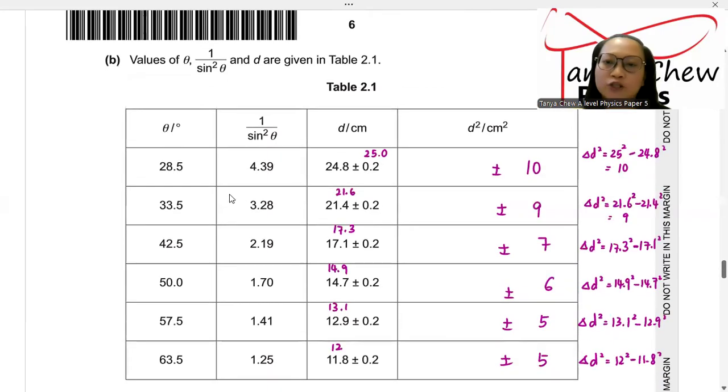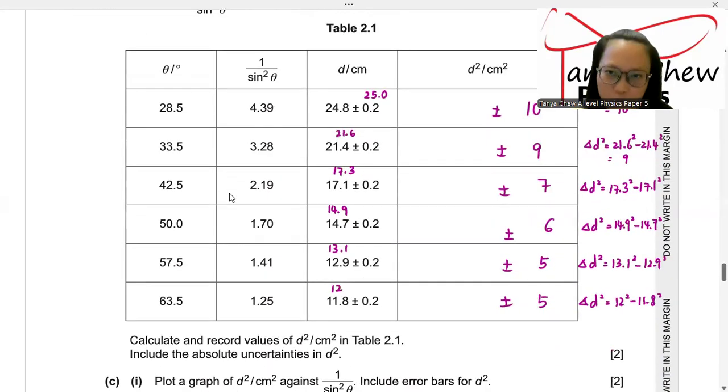After that, to find the d squared value, bear this in mind: the d squared value must follow the decimal point of its absolute uncertainty. So you take 24.8 and square it.